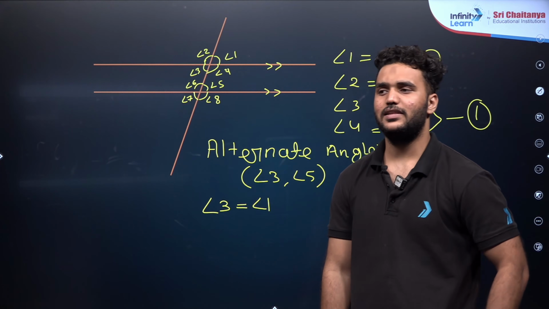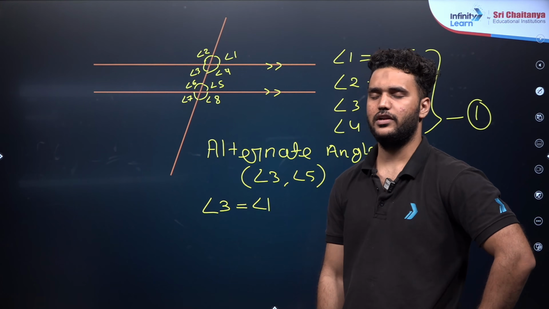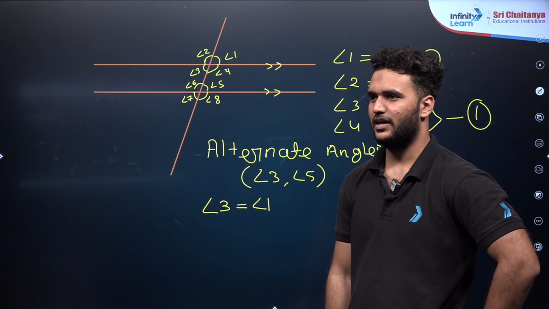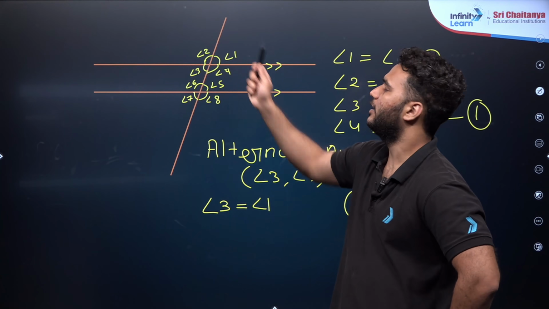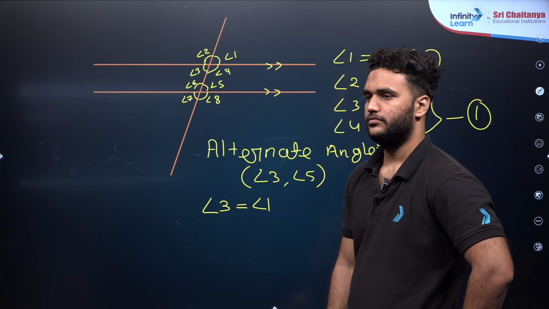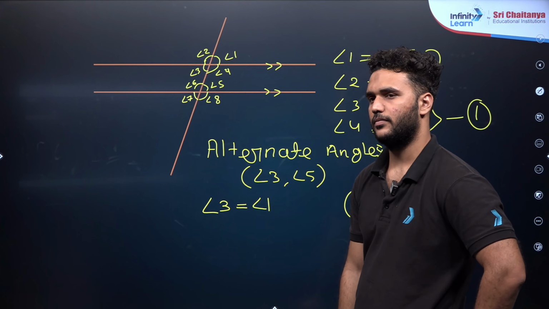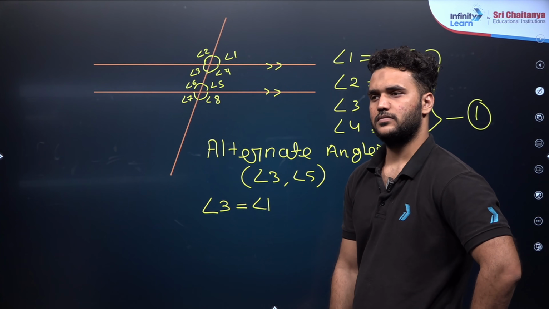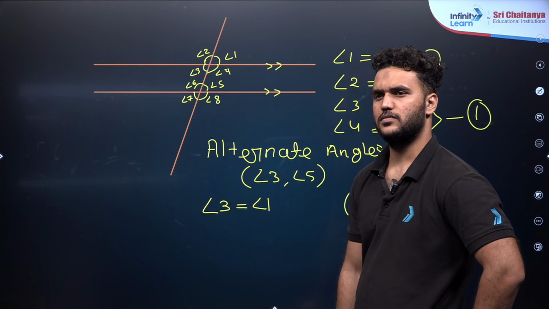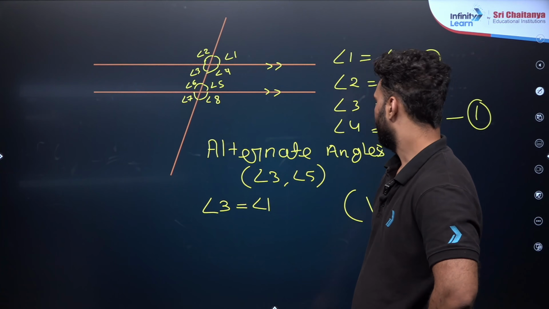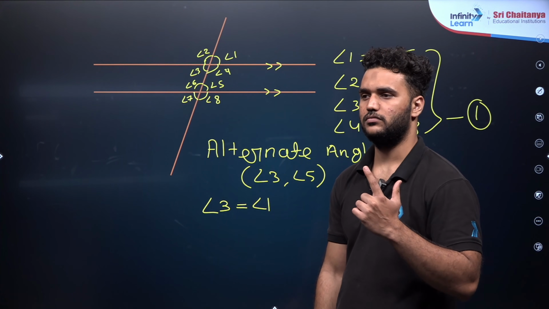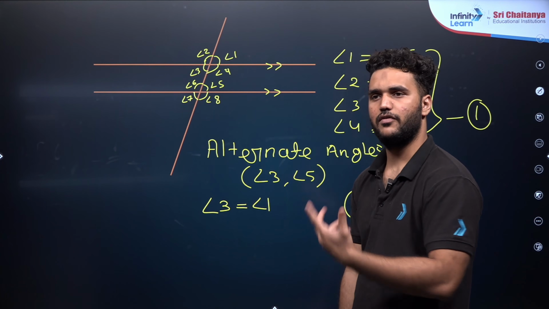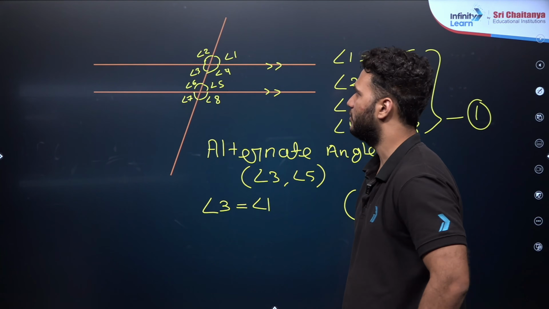Can you see that angle 3 and angle 1 are equal? Do you agree with me? Because of vertical opposite angles. We have already proved in this session that vertical opposite angles are equal.